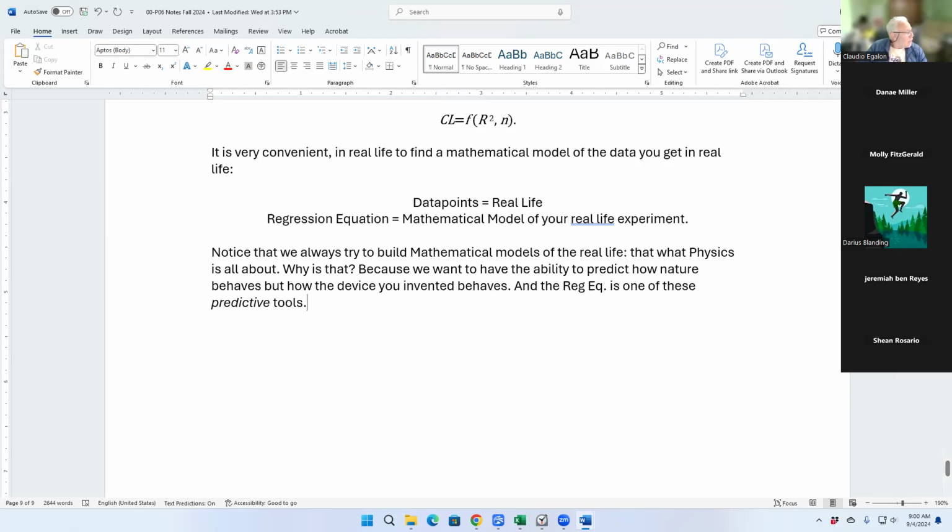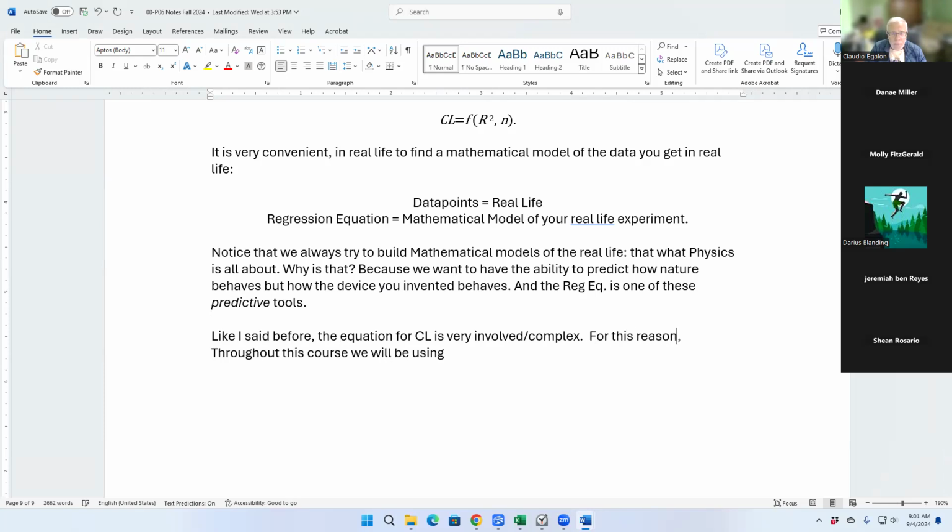Throughout this course, like I said before, the equation for CL is very involved and complex.